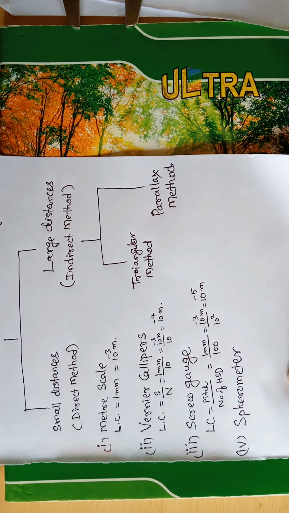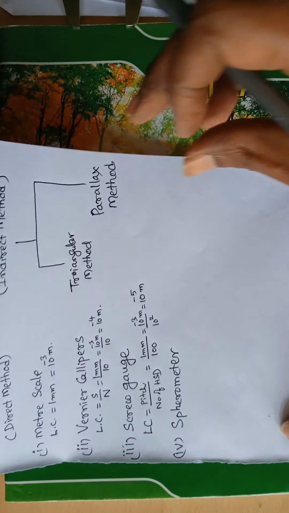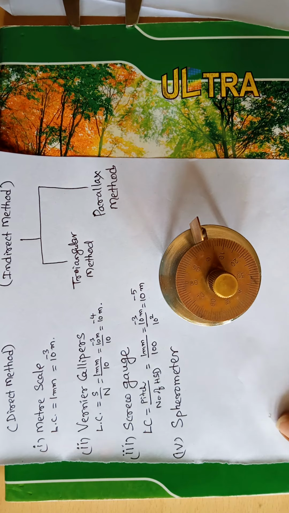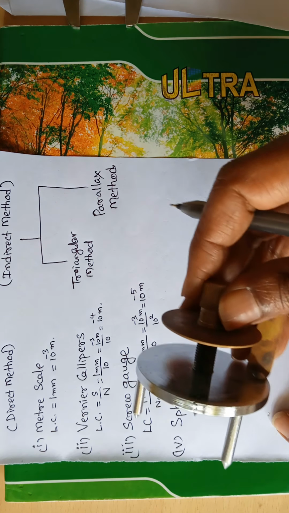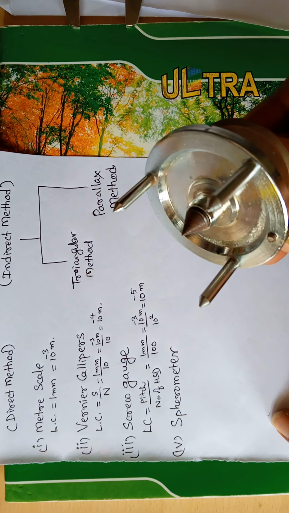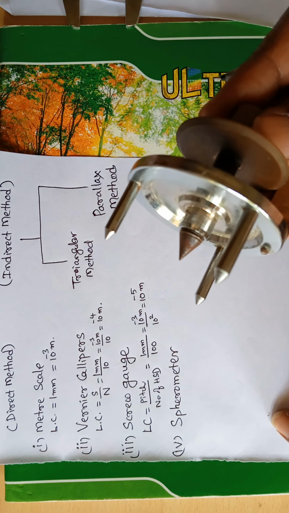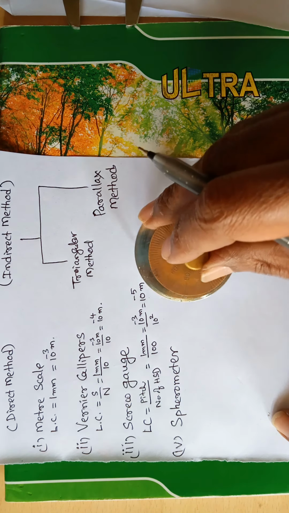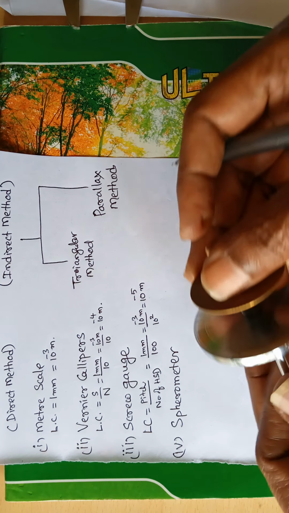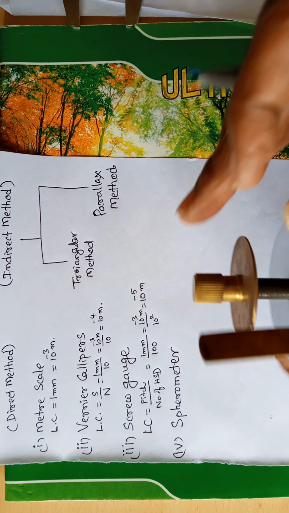Next, spherometer. This is the spherometer. Have a side view. The spherometer has 3 legs, and in between there is a screw, and you have a circular scale, and a pitch scale on this.